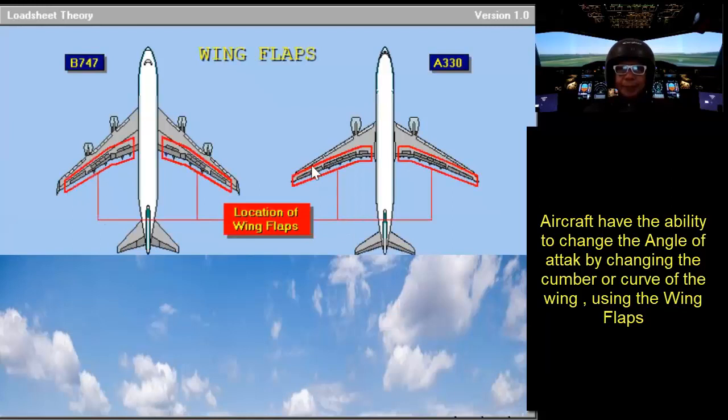And these are the wing flaps of Boeing 747 and A330. The location of wing flaps, you can see. So the aircraft has the ability to change the angle of attack by changing the camber or curve of the wing using the wing flaps.